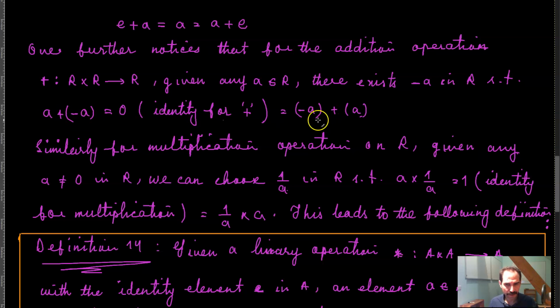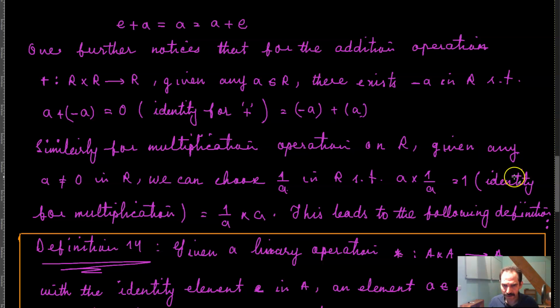In both orders it is equal to 0, which is the identity for addition. So you can say that negative A is the inverse of A with respect to addition in R, and also that A is the inverse of negative A.